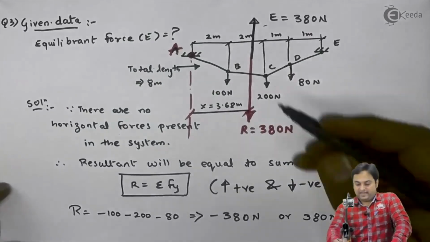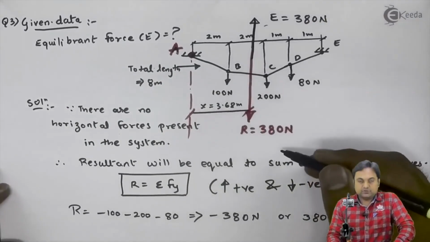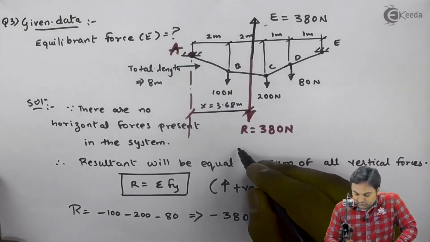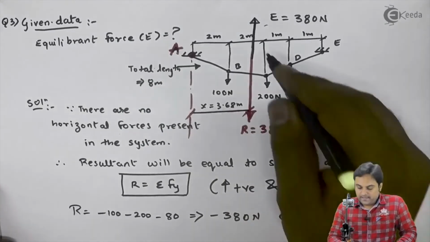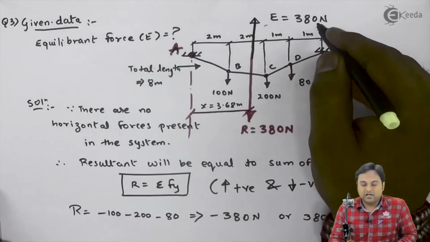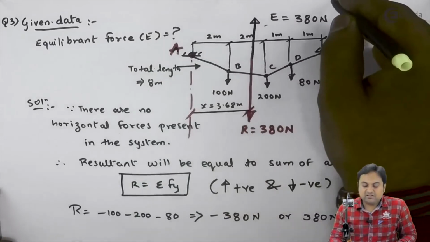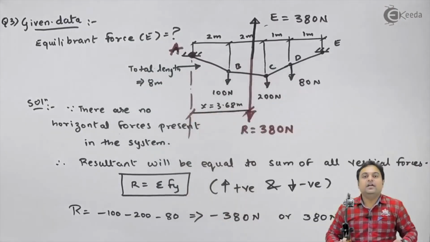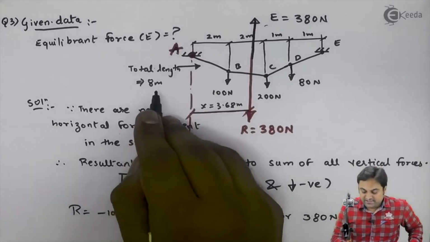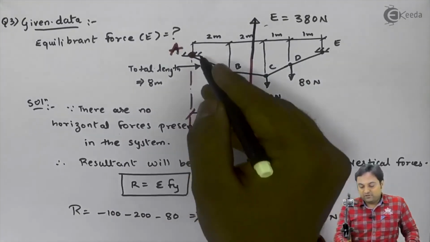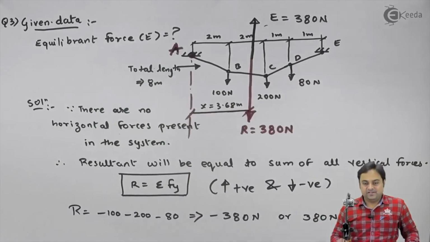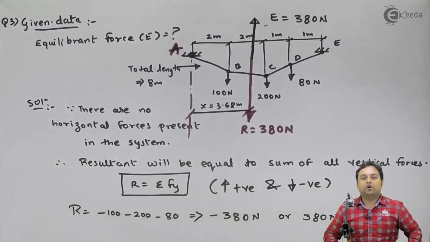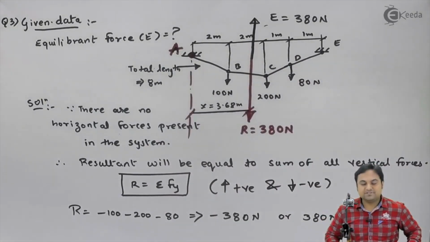Because of the action of these two opposite forces, the resultant is 380 downward and the equilibrium force is also 380 upward. Both will cancel each other out and this string will remain perfectly horizontal, having its original length of 8 meter. And we will not get any deflection of this string, it will remain perfectly horizontal. And this problem is completed.